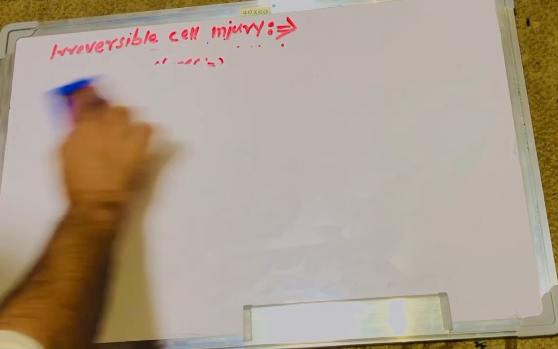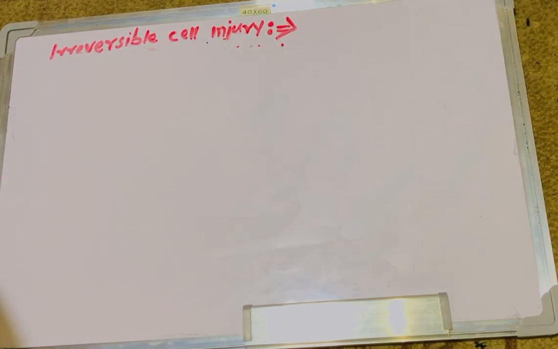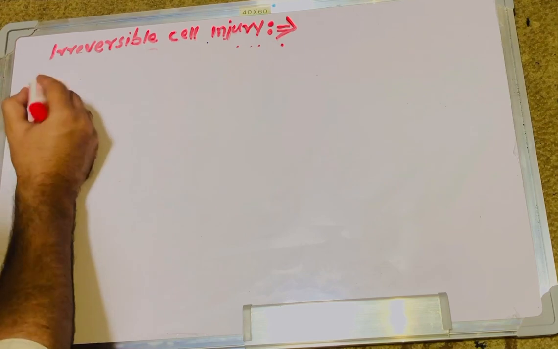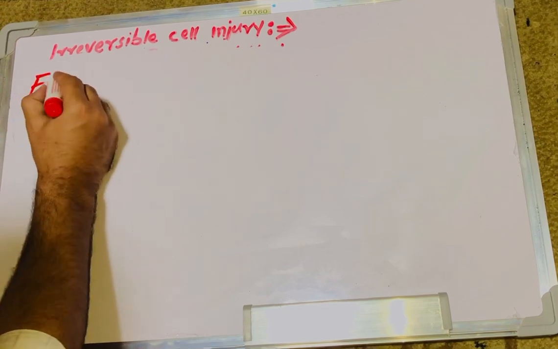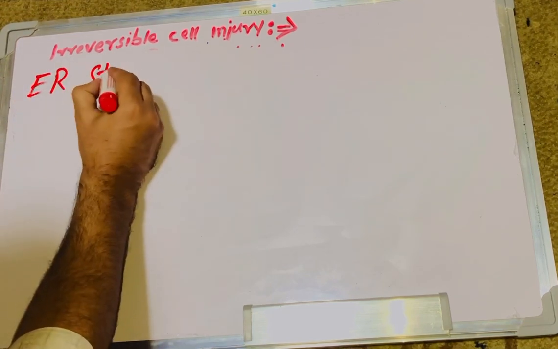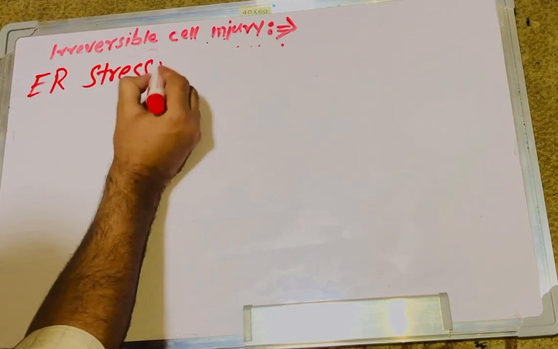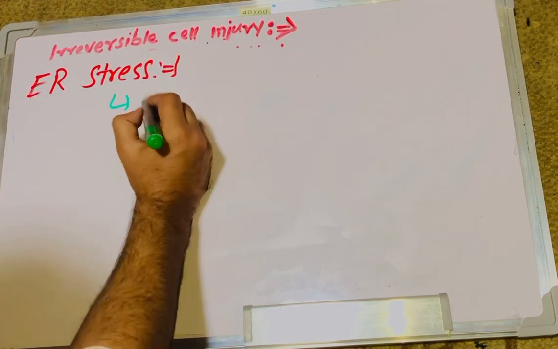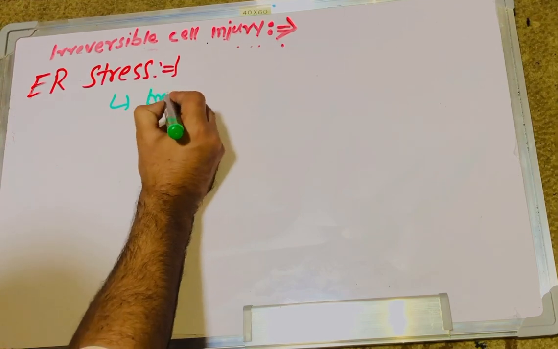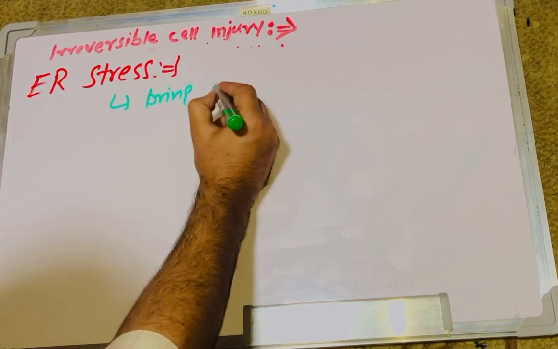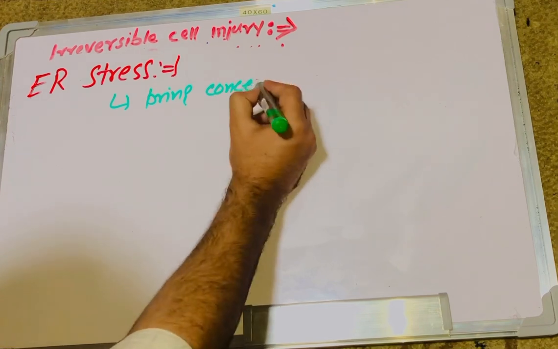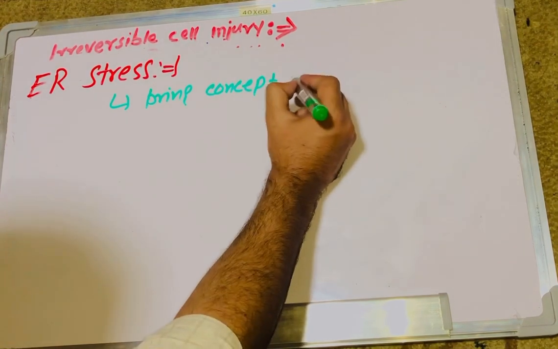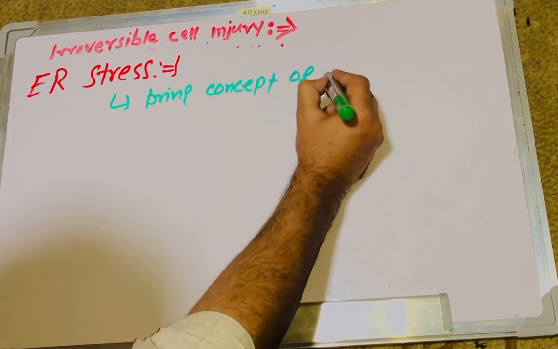Next concept is endoplasmic reticulum stress. What is endoplasmic reticulum stress? It brings the concept of misfolded protein or unfolded protein.